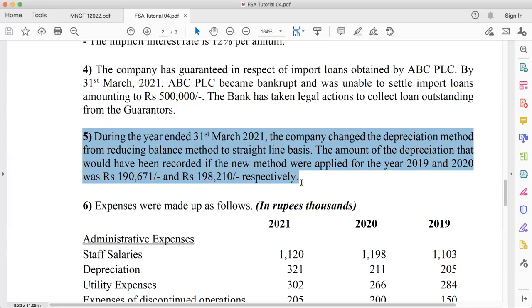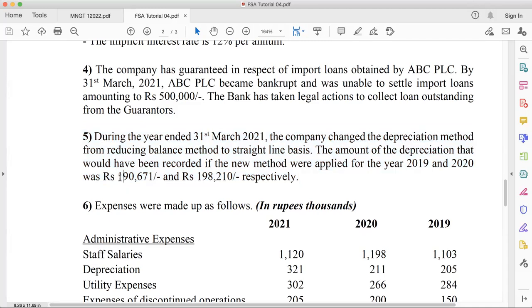Now you should apply the new method to all 3 years. So the new method is straight line basis. So this has been applied to 2021. Now you have to adjust the 2019 and 2020 financial years. So if the new method applied to 2019, how much depreciation? In thousands, 191.